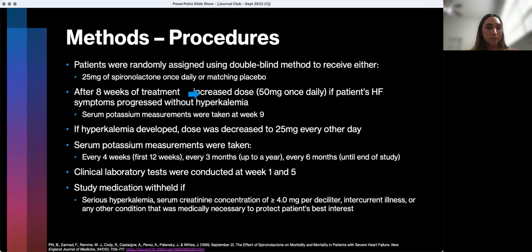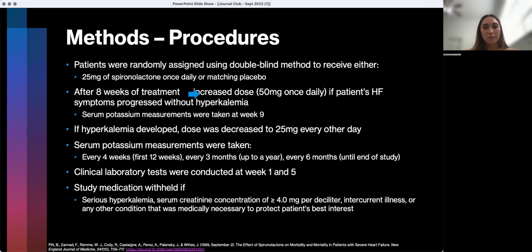Okay, so this is now into the procedures. Patients were randomly assigned using the double-blind method to receive either 25 milligrams of spironolactone once daily or a matching placebo.